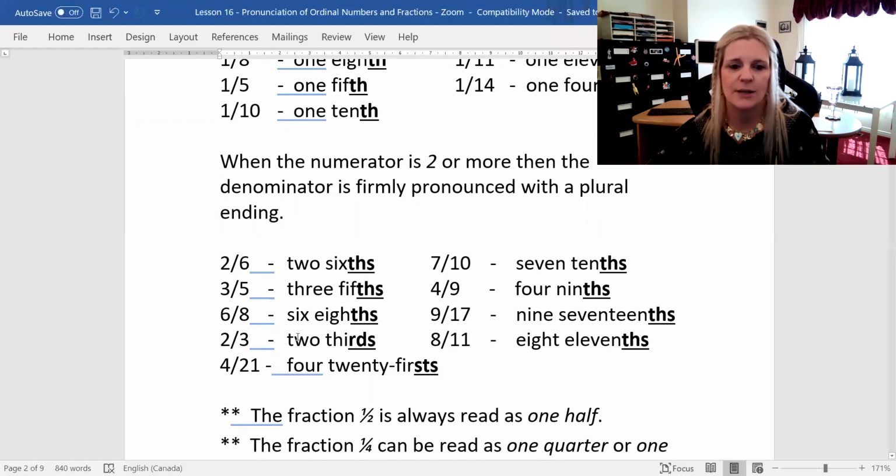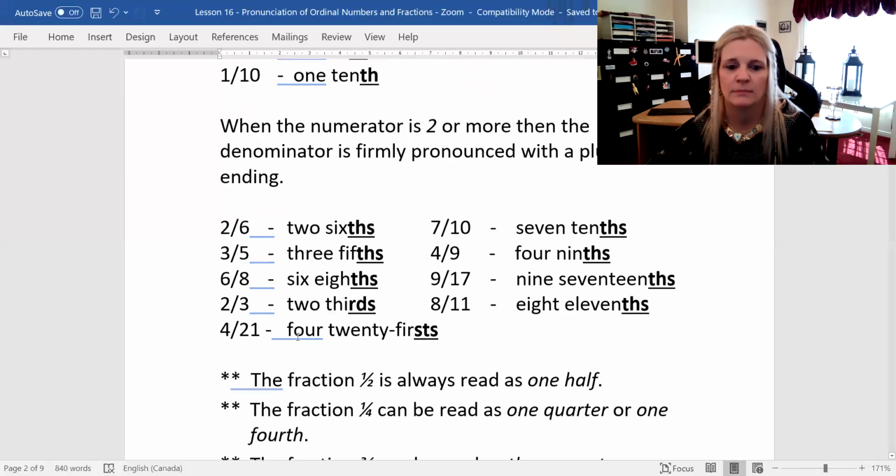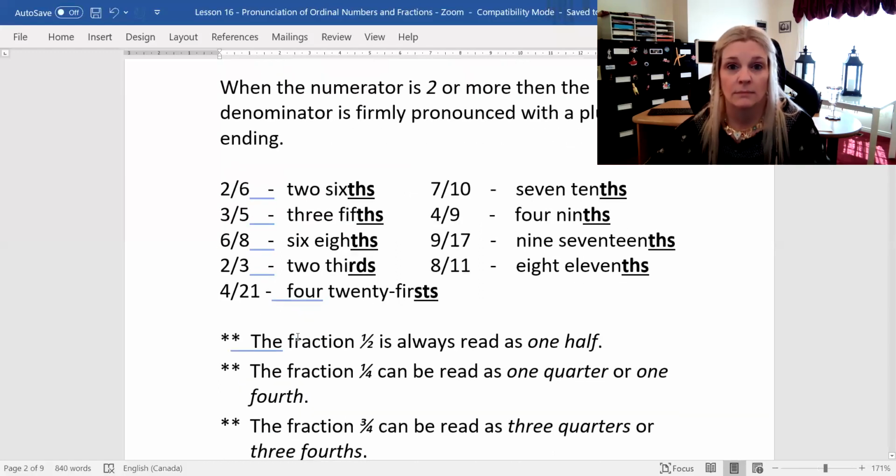That one's a little easier. 2/3. 4/21. 7/10. 4/9. 9/17. 8/11. I hear you. It's not easy. It is easy, but you know, you need practice.